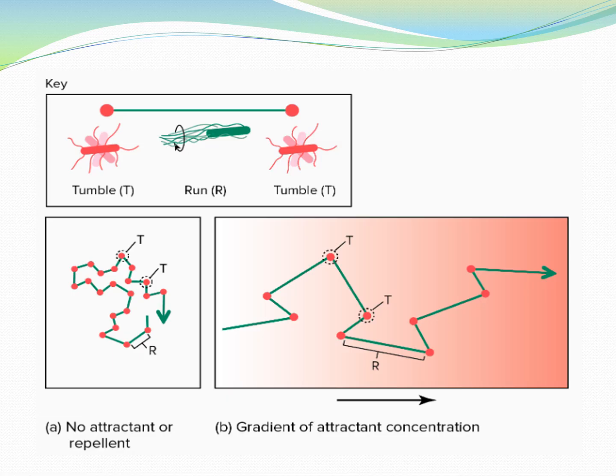So this is a nice illustration of a tumble run in a bacterium. You're going to notice in the gradient of attractant concentration that our little cell is moving in the direction of something.